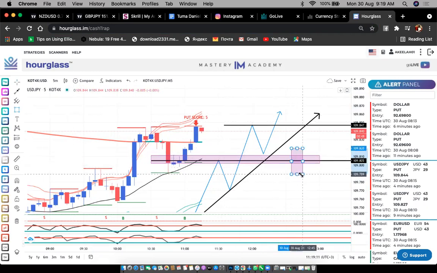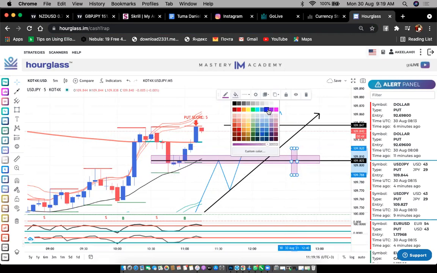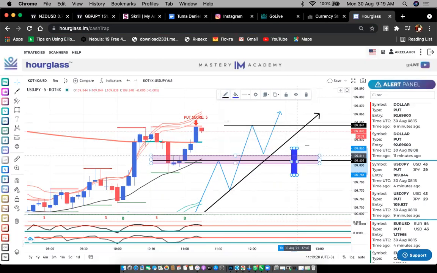Now you want the candle to do something like this. Let me color code this. Let's say this is blue, and let me make it very solid. What do you want the market to do? Something like this. When you see this one, it broke and it closed above your line, above your resistance.